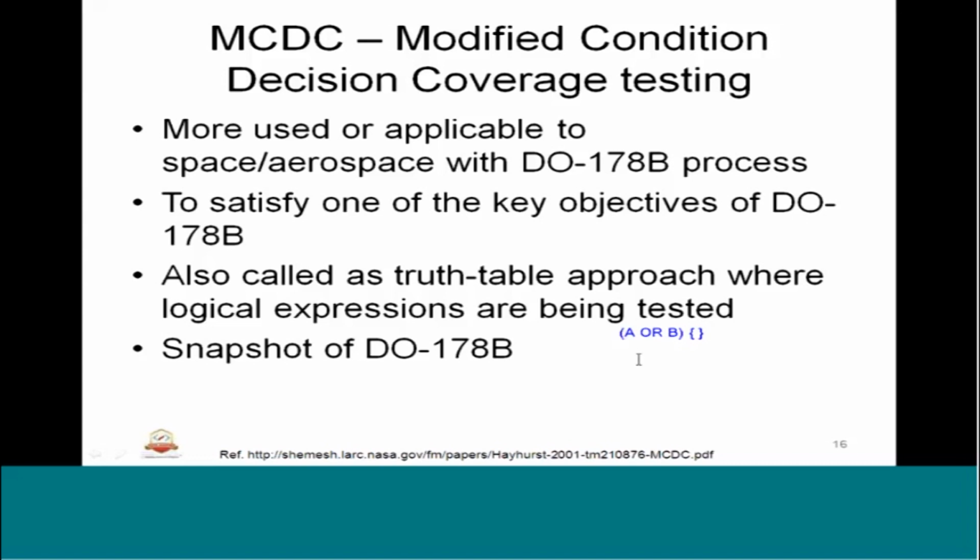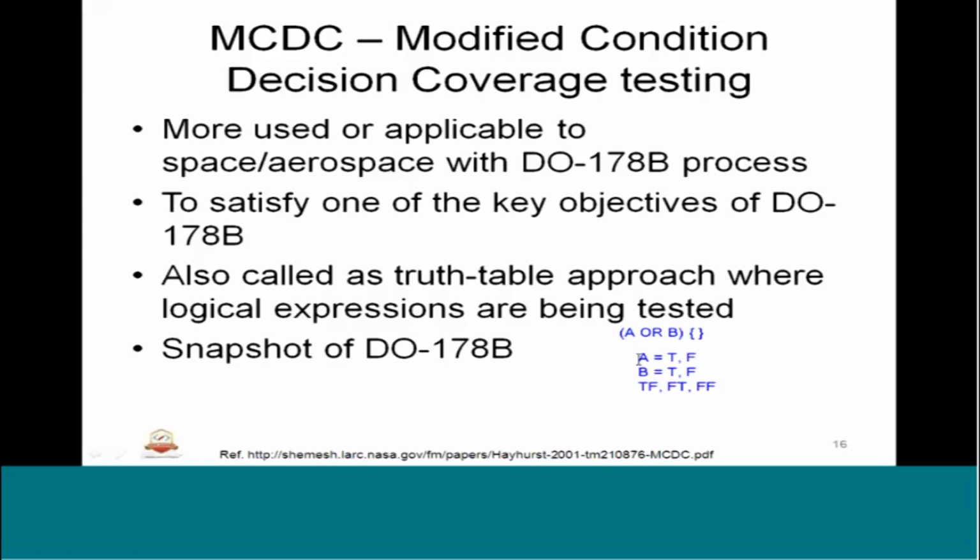A can be true, A can be false, B also can be true, B also can be false. So what are the tests that we can do to show the independence? The combinations could be TF, FT, and FF, so that the independence is shown.